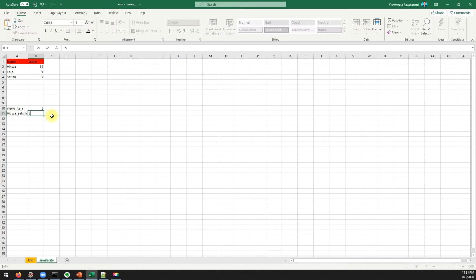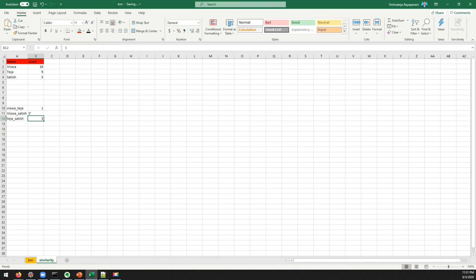Let me write 5. And then between Teja and Satish, it would be 9 minus 5 and that's 4.